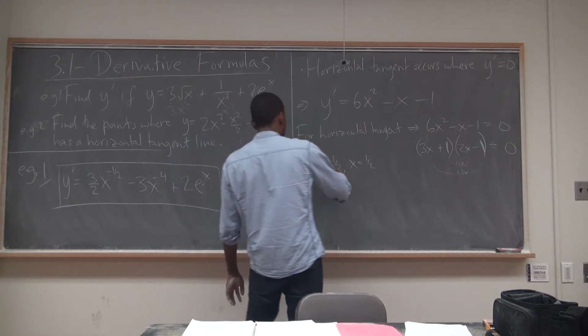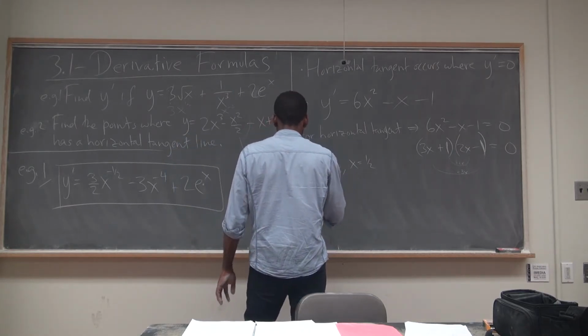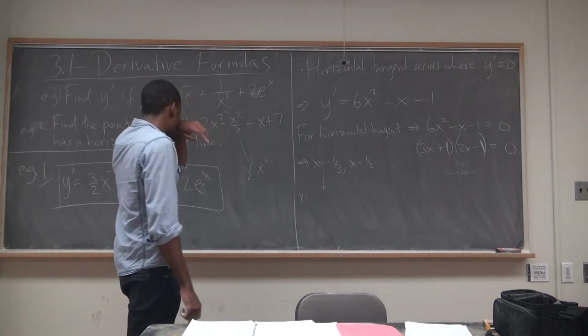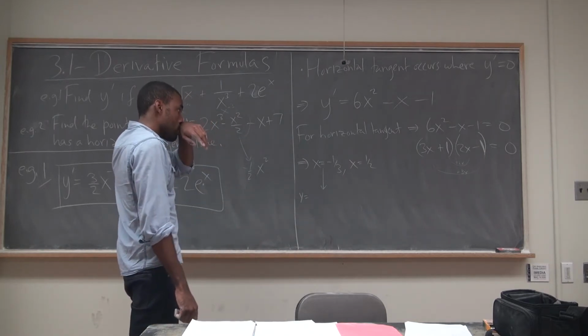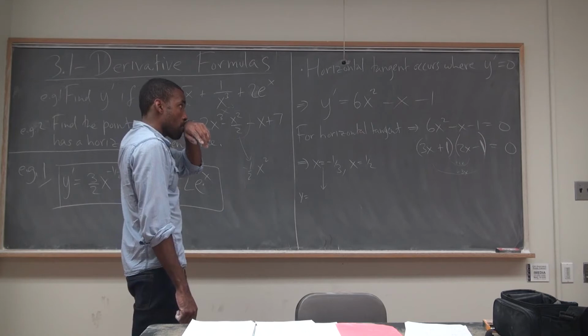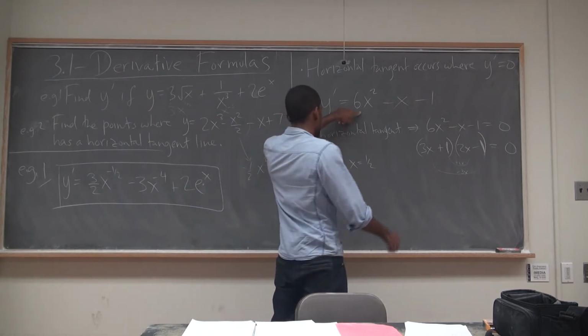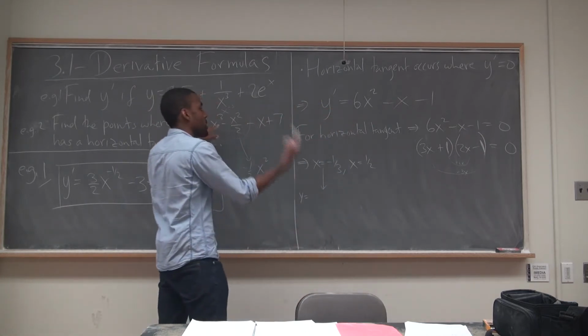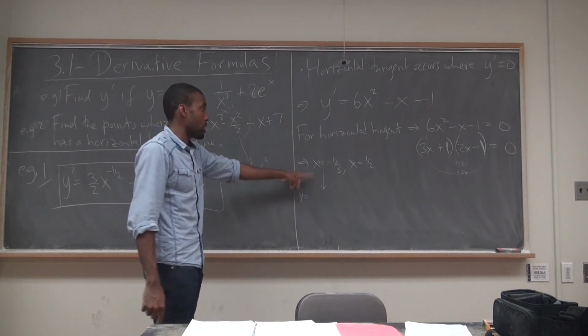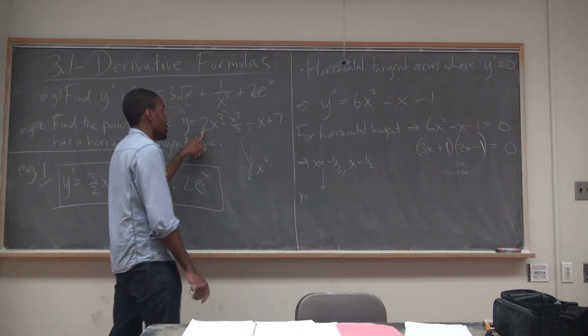In which case, you can find the corresponding y values. How would I find the y coordinates? Put it back in the original. Remember when we're finding coordinates on a graph, we look at the original. So I'd have to plug it back in.